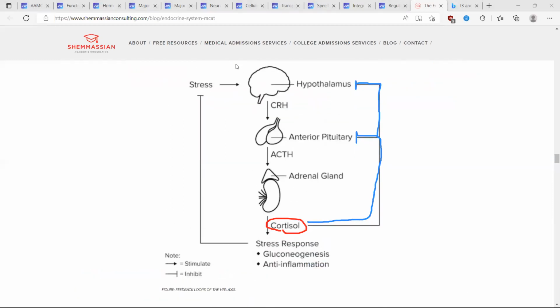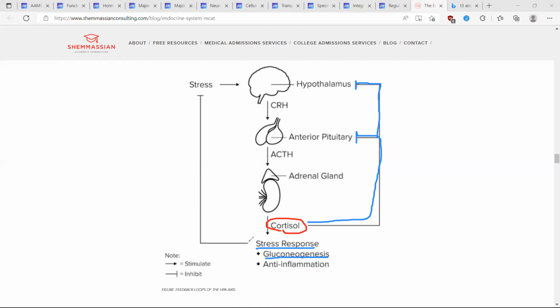So this is pretty useful. The other thing is, for example, we have our stress response. So let's say our stress was that we were feeling very tired. Then the cortisol caused our kidney to do gluconeogenesis, and then we got a little bit of blood sugar going and we feel better.